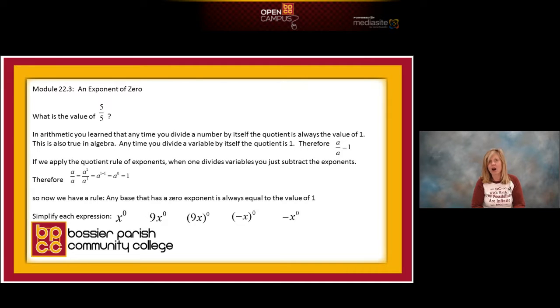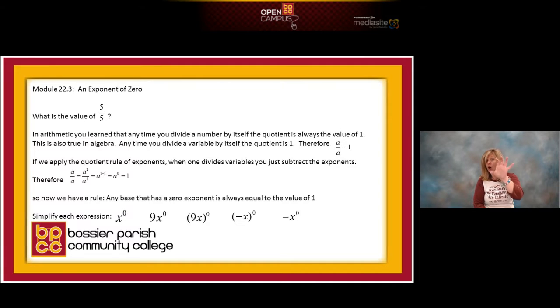Now, let's talk. When I write in algebra A divided by A, we've learned a rule. We learned from the previous video, when you divide the variables, letters in algebra, you're supposed to subtract their exponents. So let's think about this. If I have A divided by A, first of all, let's talk about what are the exponents.